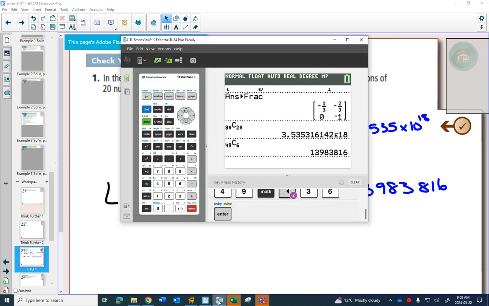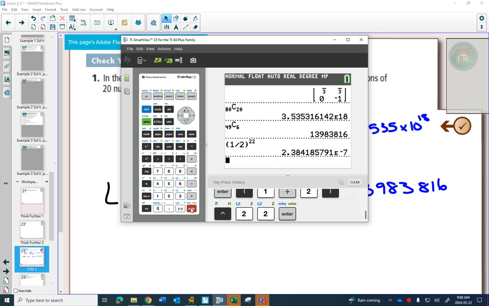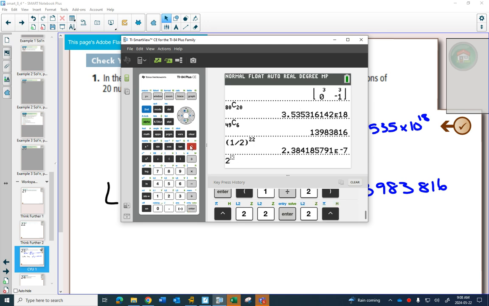50%, 22 times in a row, 1 divided by 2, I could write 0.5, to the power of 22. I'm going to do 2 to the power of 22, because every time you flip, you have 2 choices, right? So if you flip 22 times in a row, you'd have 2 times 2, just like the subway question that we did.